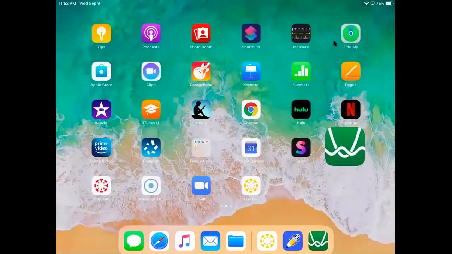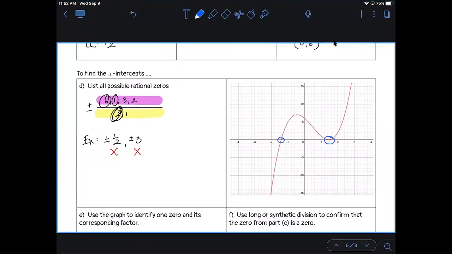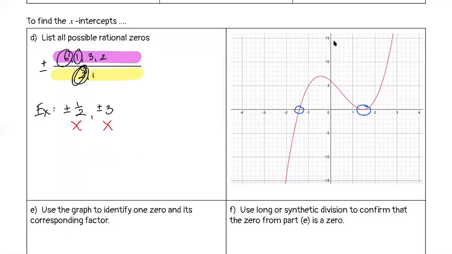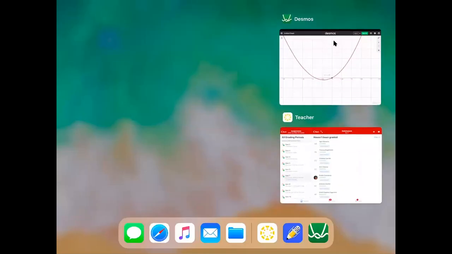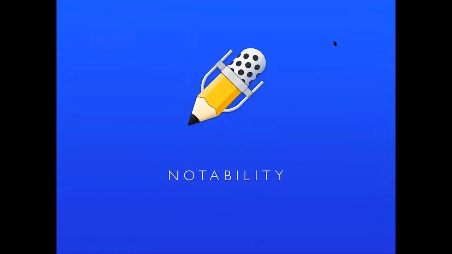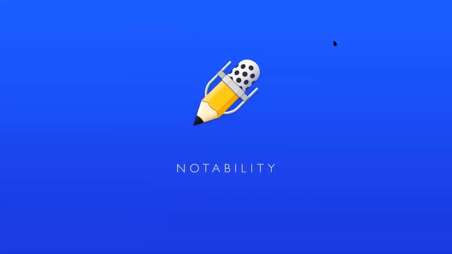So let me go back into the notes. And whoop, we're going to go ahead. Sometimes it freezes on me. Super fun.